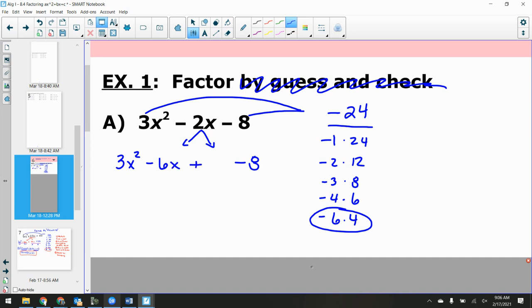Negative 6x plus 4x. Hey guys, one key piece of this is if one of the two factors is negative, then I want to put the negative factor first. That's going to help me when I factor by grouping, because that's my next step. Factor by grouping. My GCF of my first two terms is 3x.